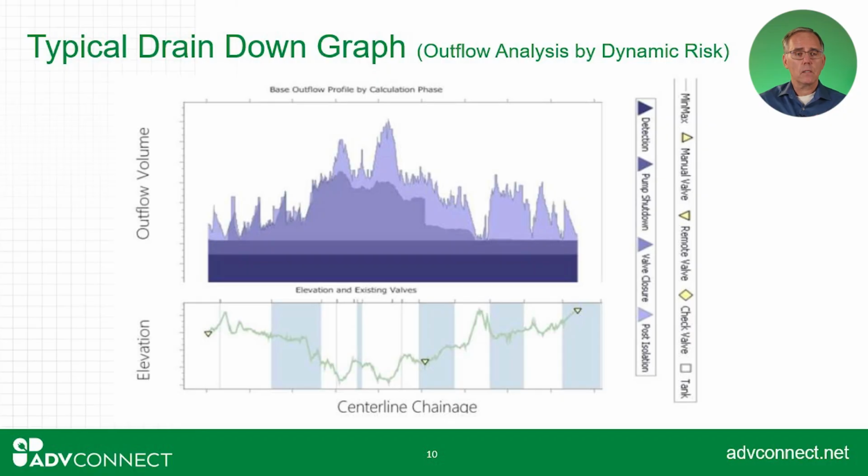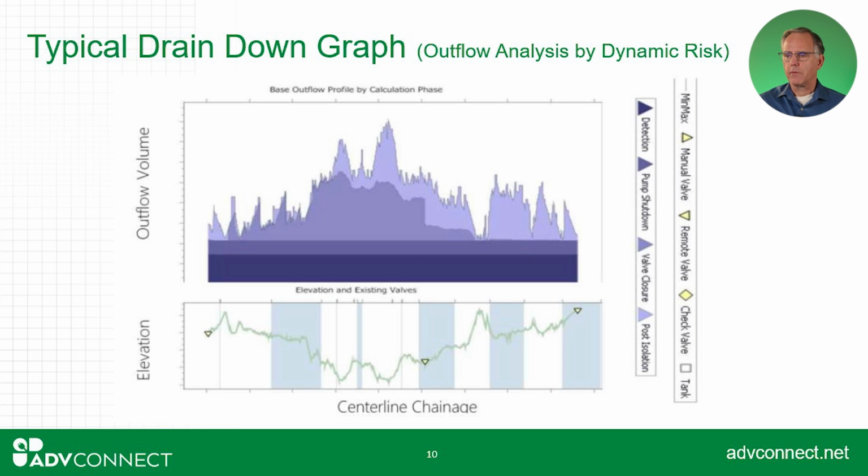One of the things PHMSA wants you to know, and what you should want to know, is the drain down quantities. If you were to have a failure and you shut everything in, how much would it drain down? How much product would you lose at that particular spot? You can see in this graph it has a lot to do with elevation and time to respond.